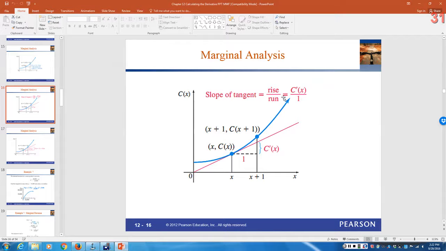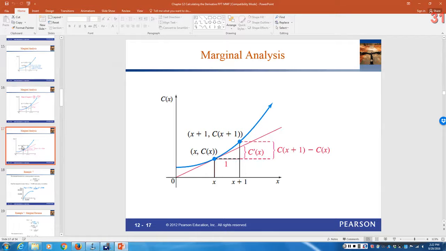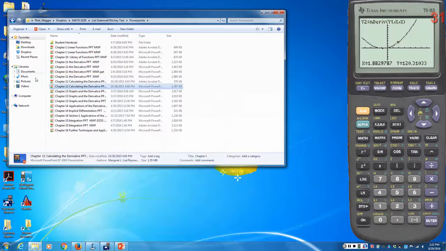The rate of change in c of x, it's the derivative over 1 for one more item. So what you're doing really is a slope process. The tangent line has a slope here, we're moving up to here, so we have an increment of 1. And that's the cost of the x plus first item minus the cost of the last item. If we can go to the textbook, I'll show you why that's important.